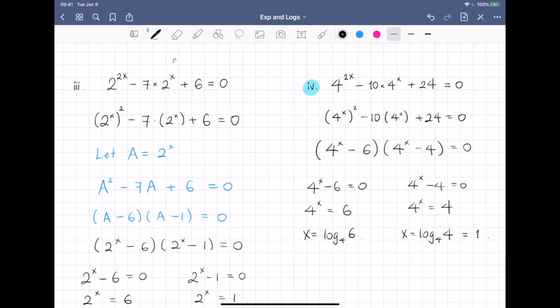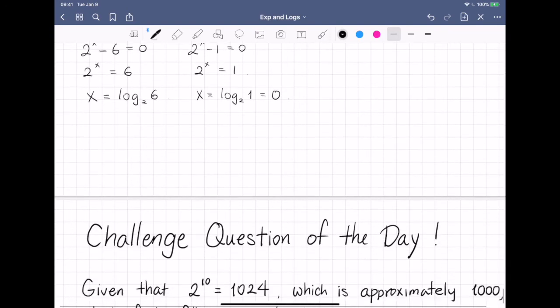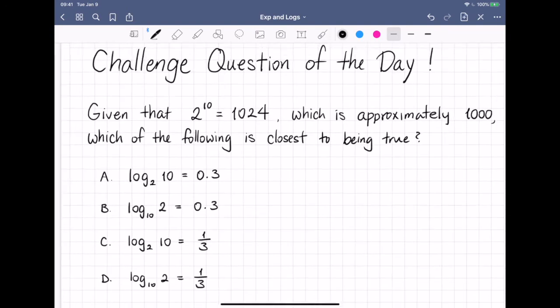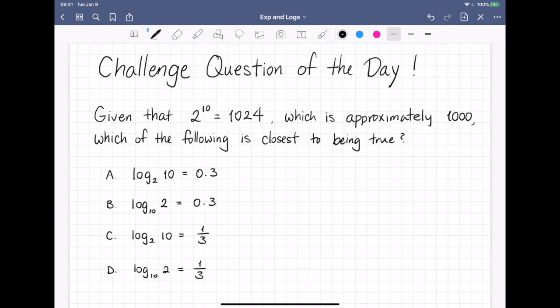All right. Oh, the question of the day, my favorite. This was really, really cool. So you are using the approximation that 2 to the 10th is about 1,000. So if I say 2 to the 10th power is about 1,000, I shouldn't use an equal sign there. Yeah, roughly 1,000.